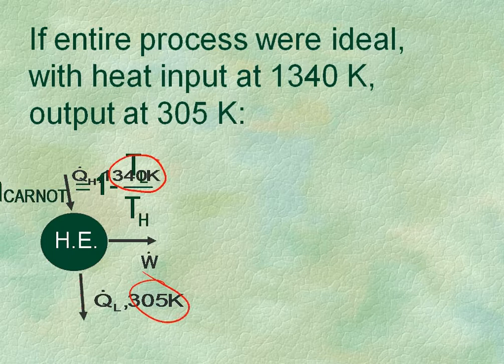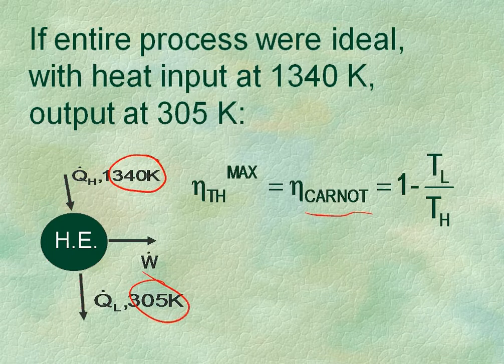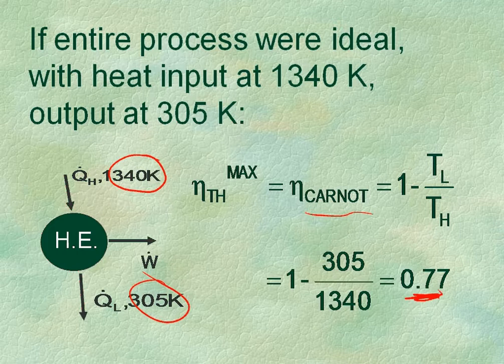Using the Carnot efficiency, which is the best we could do, 1 minus TL over TH, we had 77%. So real, 26%. Ideal turbine and ideal compressor, 48%. Ideal, complete process, anything you can dream up, 77%.